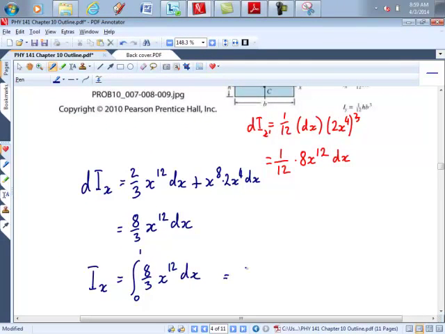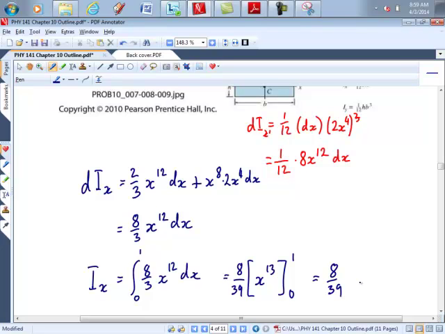So what's the integral of 8/3 x to the 12, evaluated between 0 and 1? Ah, they did that without a calculator. Very good. 8/39.